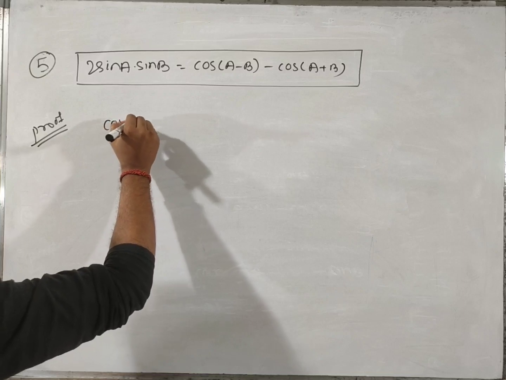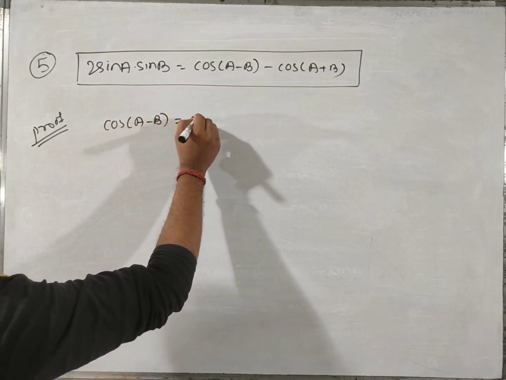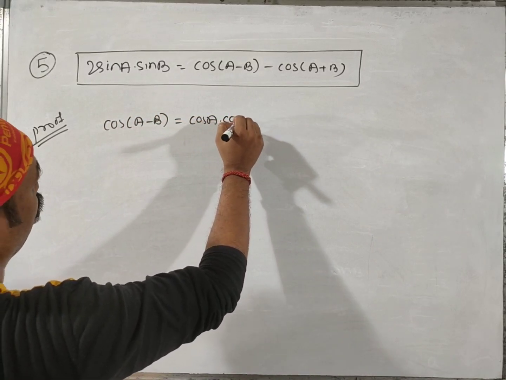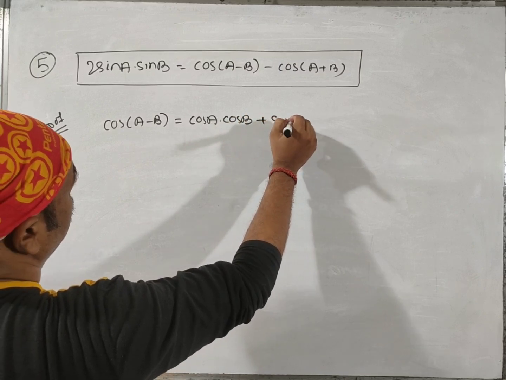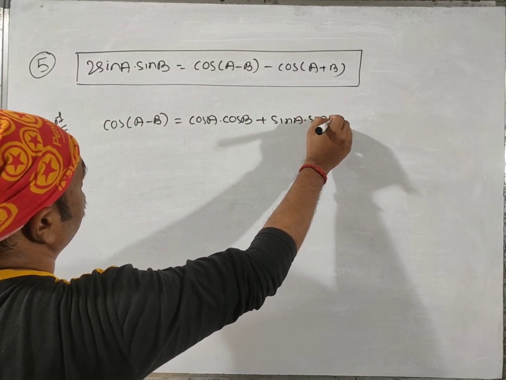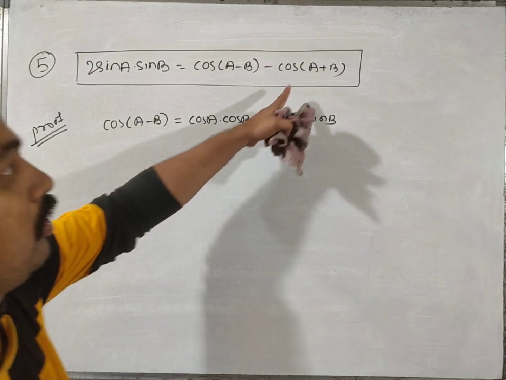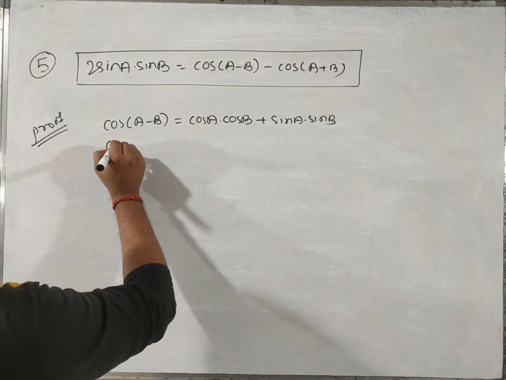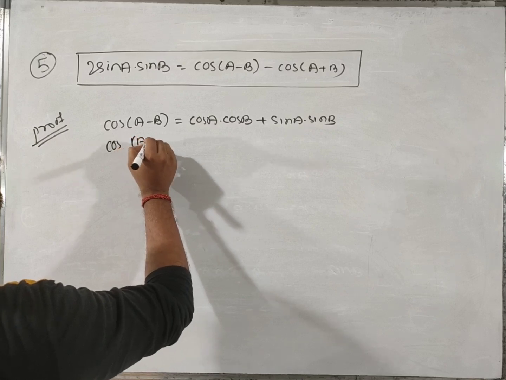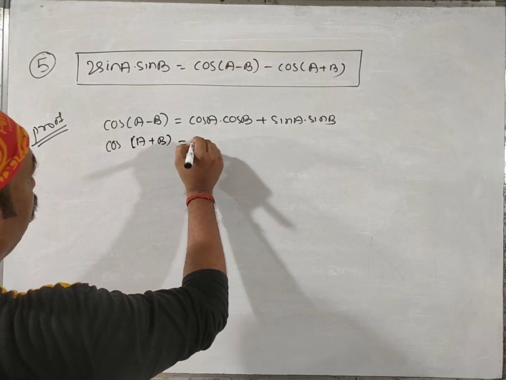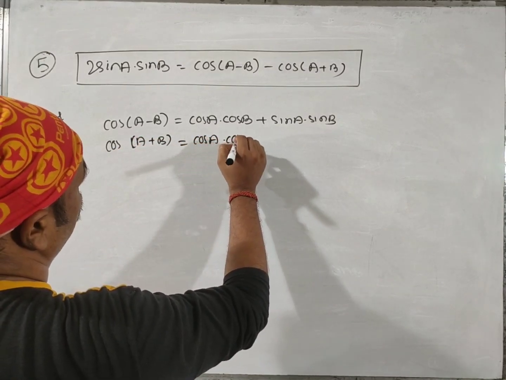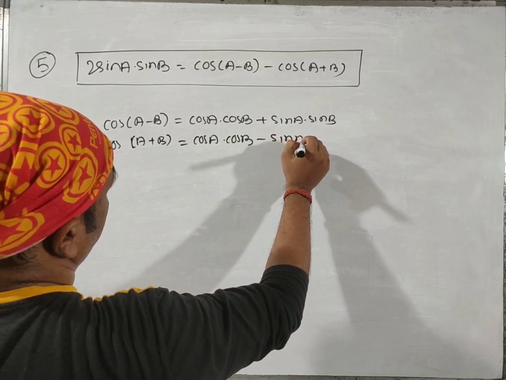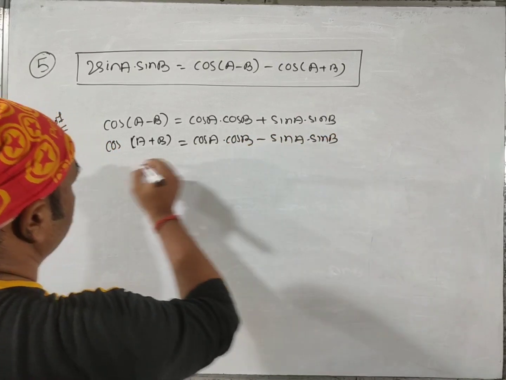First of all, we have to write down the cos A minus B value. It is cos A into cos B plus sin A into sin B. And then we have to write down the cos A plus B value, and then we have to subtract. Cos A plus B, it is cos A into cos B minus sin A into sin B.